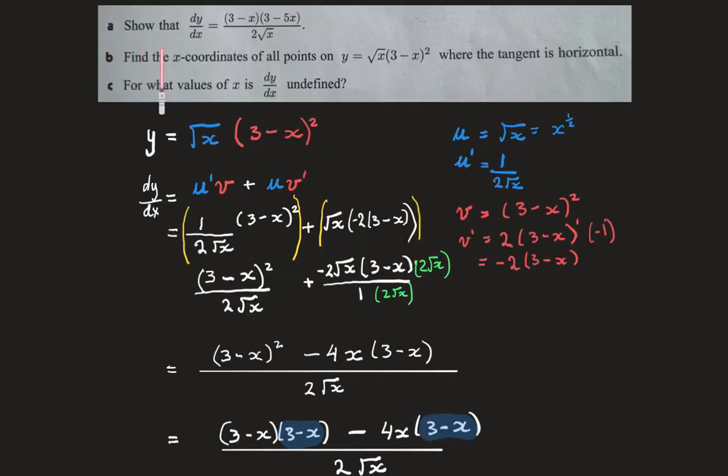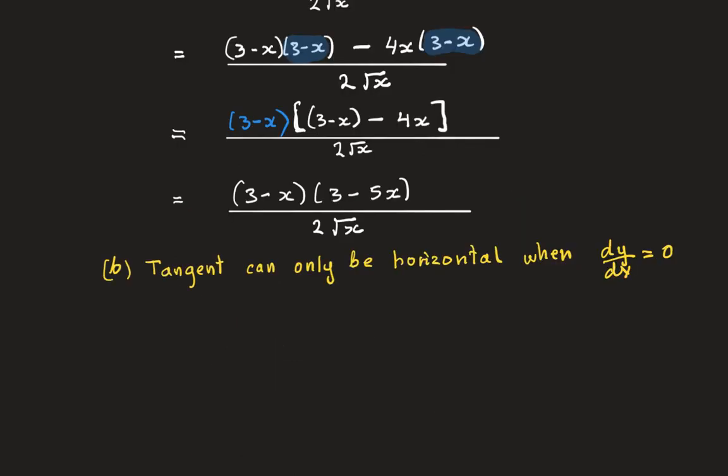The second part of my question was to find the x coordinates of the points on that curve where the tangent is horizontal. The tangent can only be horizontal when dy/dx is 0, and this is our dy/dx. This expression can only be 0 if the numerator is 0.